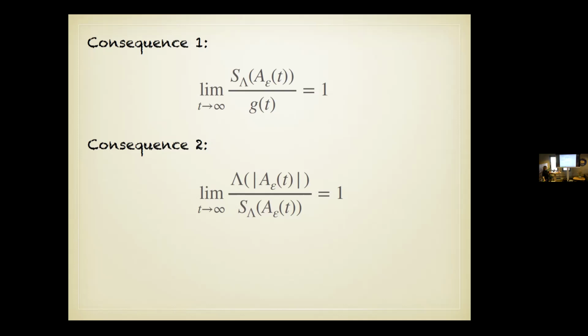This basically tells us that asymptotically all these systems behave like a system with multiplicity given by the size of the typical set, and a sequence probability which would be estimated by P0. So we get something like an equipartition property.